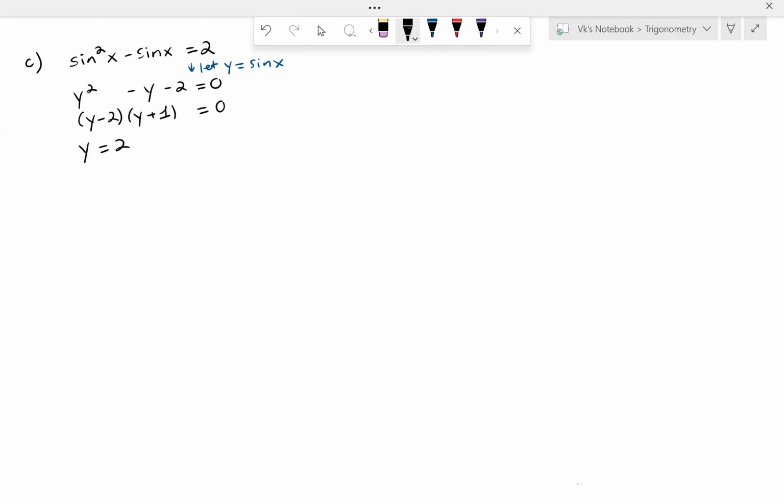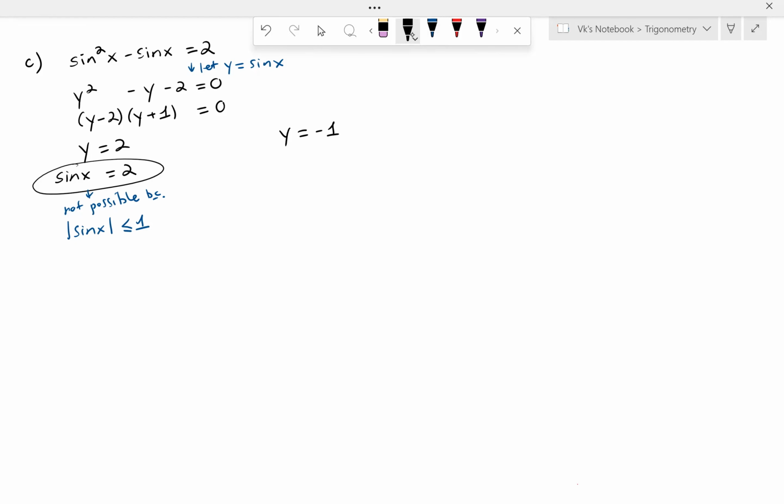Y equal 2, y equal minus 1. Do the back substitution, y is sine x, so sine x equal 2. That is not possible because sine is between minus 1 and 1. The absolute value of sine x is less than or equal to 1.